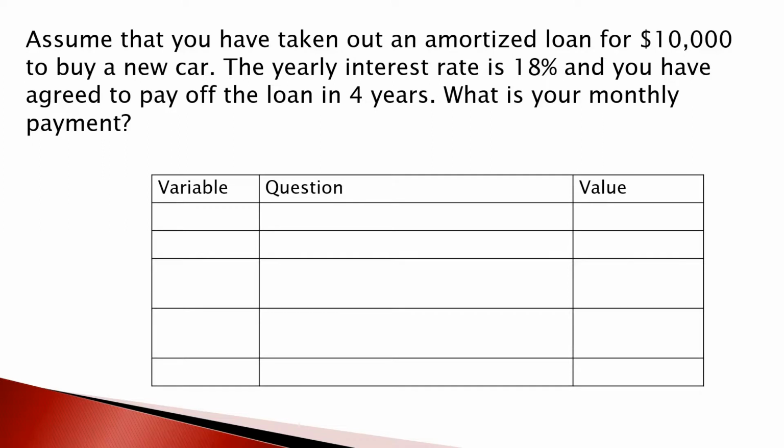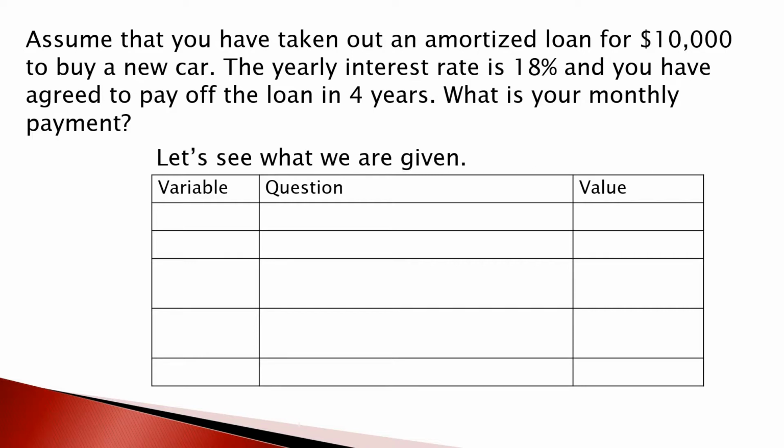Let's do an example. Assume that you have taken an amortized loan for $10,000 to buy a new car. The yearly interest rate is 18%, and you have agreed to pay off the loan in 4 years. What is your monthly payment?